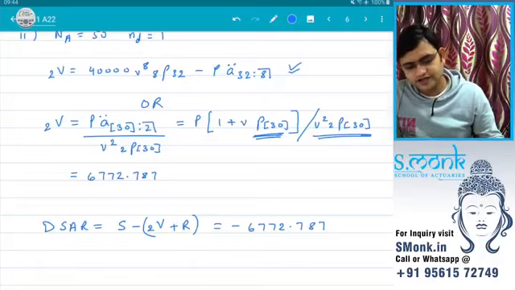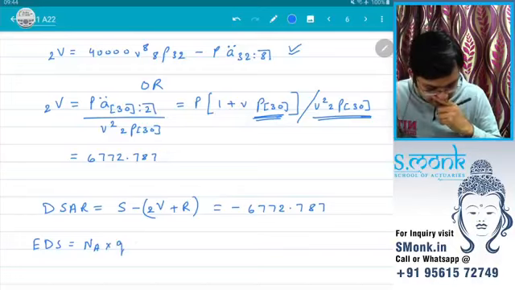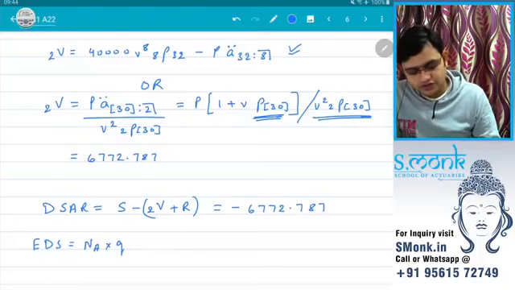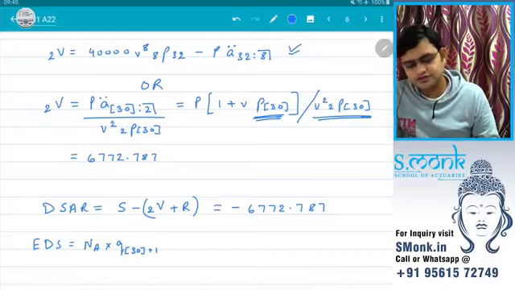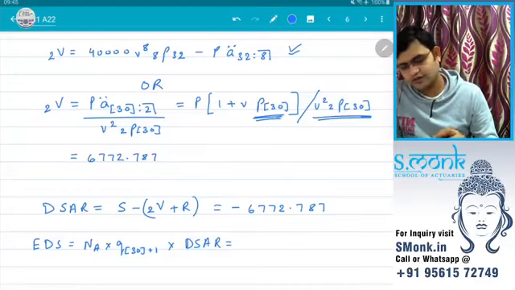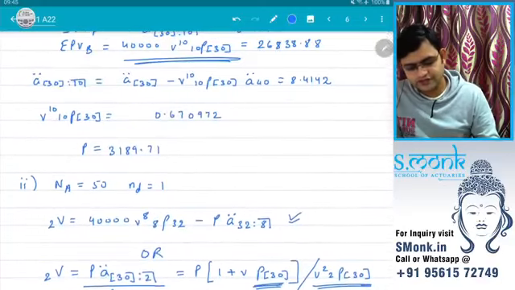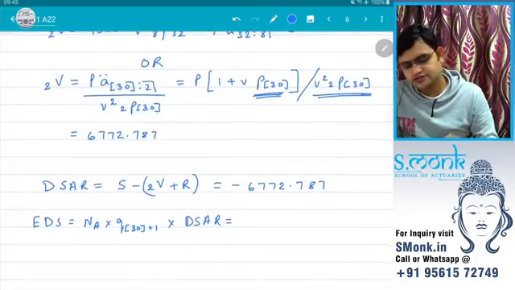What was the expected death strain? Expected death strain would be NA into Q, probability of dying in the second year. So it would be Q select 30 plus 1, this is what we want, into DSAR. Okay. So NA we know is 50. We'll calculate this from the Q tables.